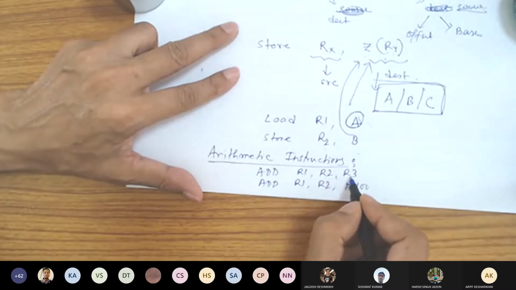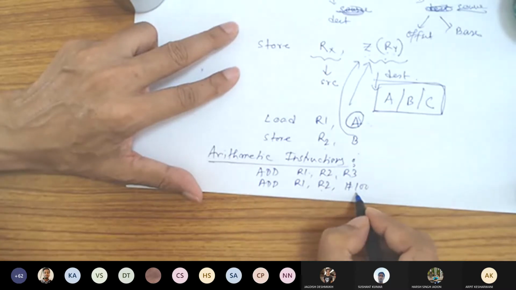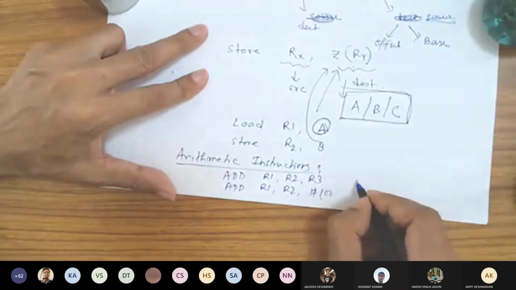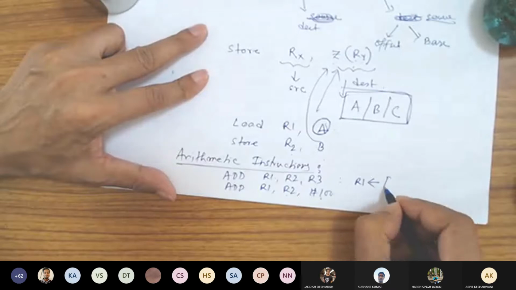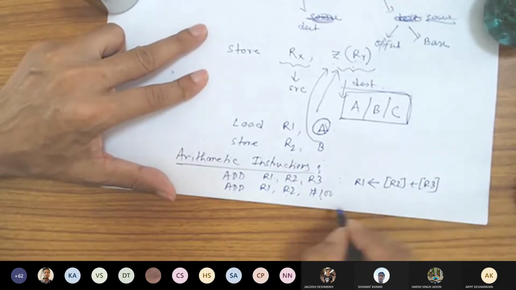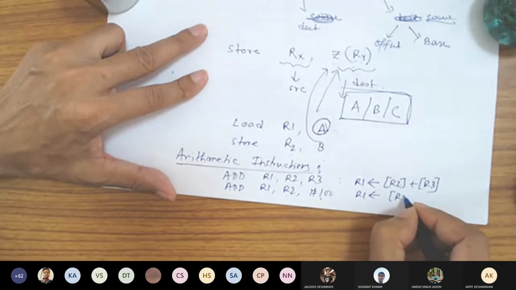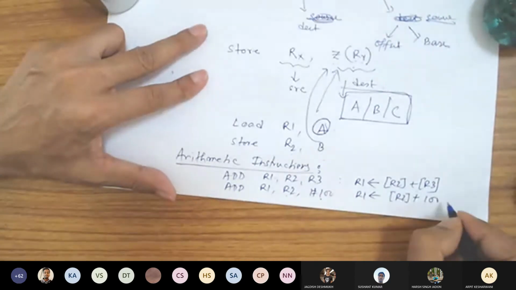Either you add these two registers and store it here, or you add one register and one explicit value. What it does here? R1 equals to R2 plus R3. Here R1 equals to R2 plus 100. That's it.